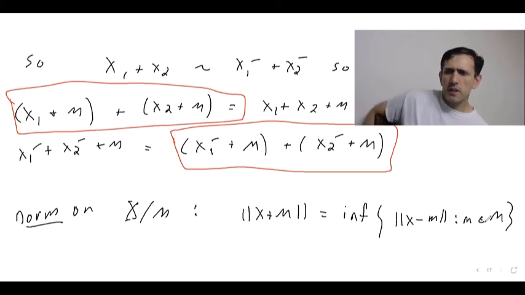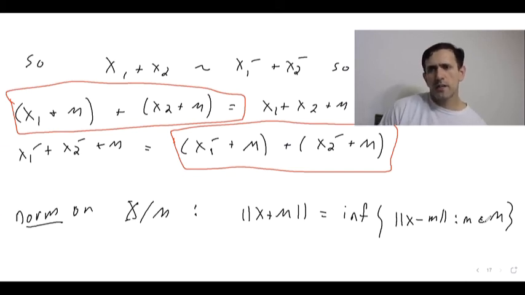So it's basically the distance between x and big M. That's what this infimum is. It's literally the distance between x and big M. So in that sense, you have x is in big M if and only if the infimum is 0. Well, here we're going to have to assume that M is closed.